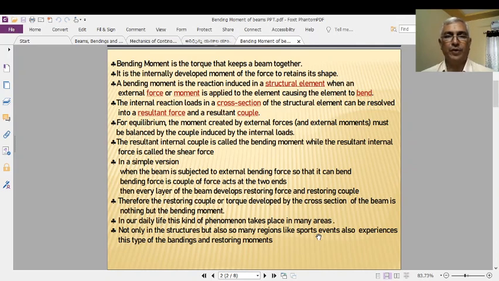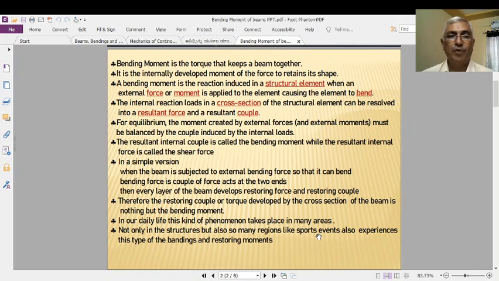If two unequal forces act in opposite directions, whatever it may be, if a couple of forces acts on a beam at different points, the beam bends.